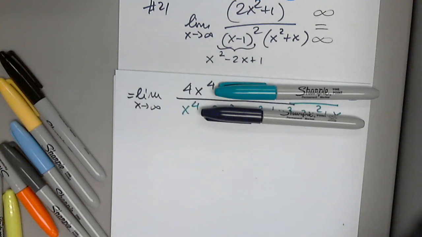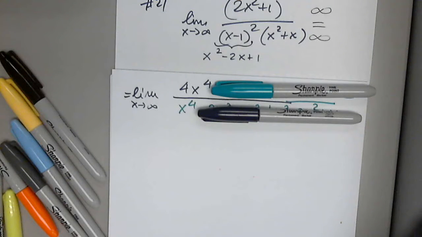What do we know from pre-calculus? When we determine, yes? Will be? Or the ratio. Excellent. The ratio of the leading coefficients. Yes. So we don't have to remember that.